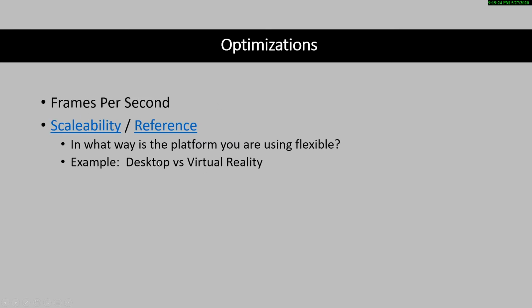So a great example of this is Unreal inside of virtual reality versus the desktop. Now, virtual reality demands 90 frames per second in each eye of at least HD, whereas on a desktop, you could scale your frame rates lower, and this is just going to result in a choppier visual output.